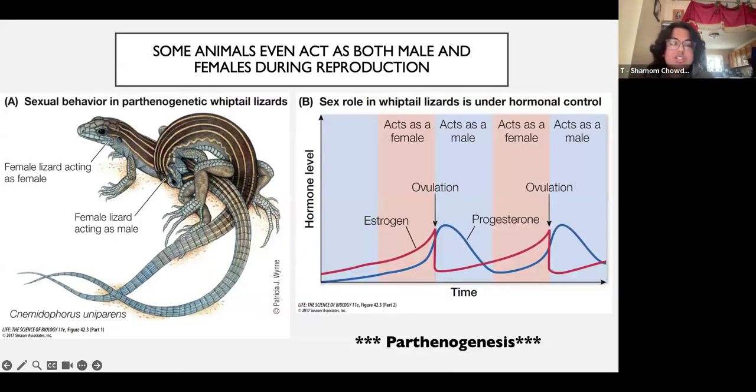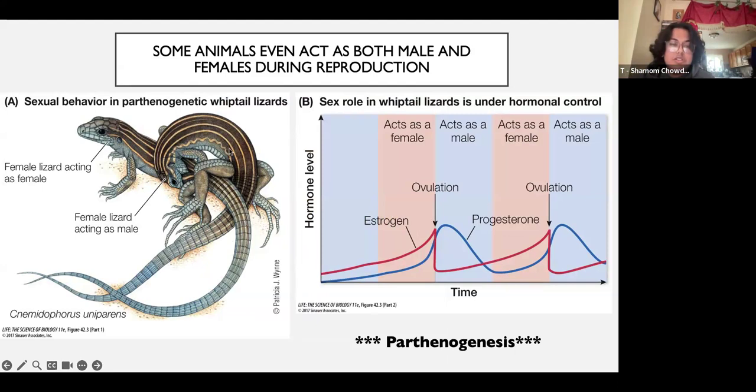And then for whiptail lizards, which we talked about was parthenogenesis, through sexual behavior, unfertilized eggs could still grow into different organisms. So in whiptail lizards, there are only females. Here you have a female lizard acting as a female.